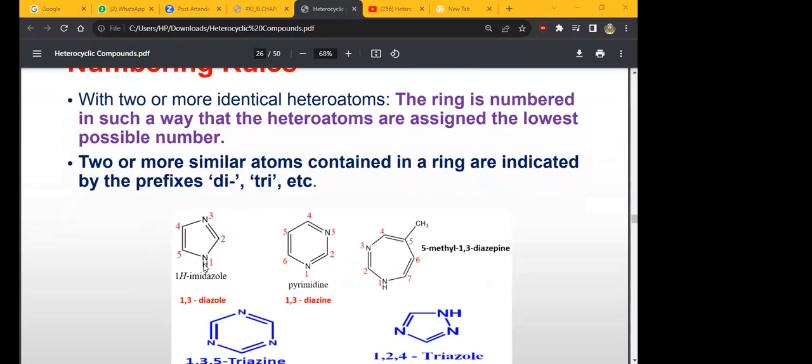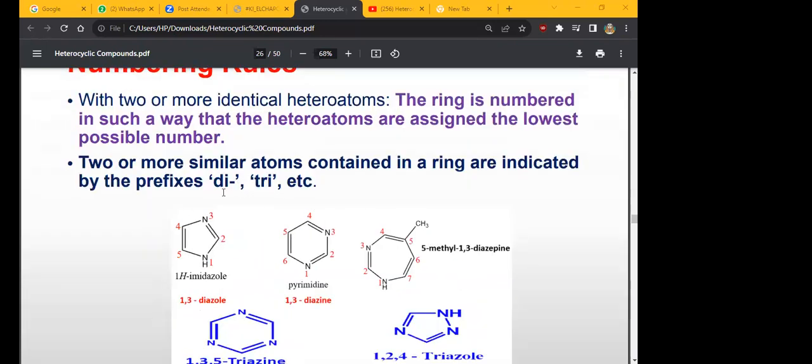Let's say the way we have here in this imidazole ring, we have nitrogen in position 1 and position 3. So it becomes 1,3-diazole. Now you see this imidazole, you should also be aware of this. You can write it as 1H-imidazole, but we remove this imid and it just becomes diazole. So 1,3-diazole, similar with pyrimidine and also these other structures, yeah.